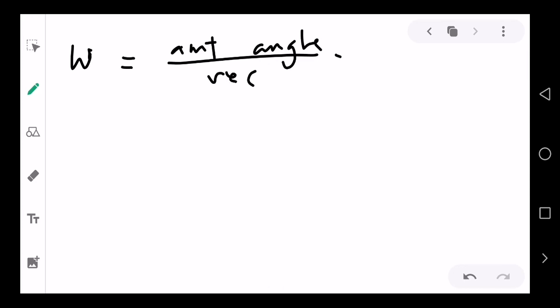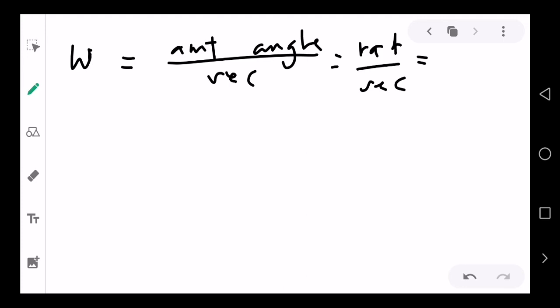And since we could express this with radians over second, you can say that radians is unitless.